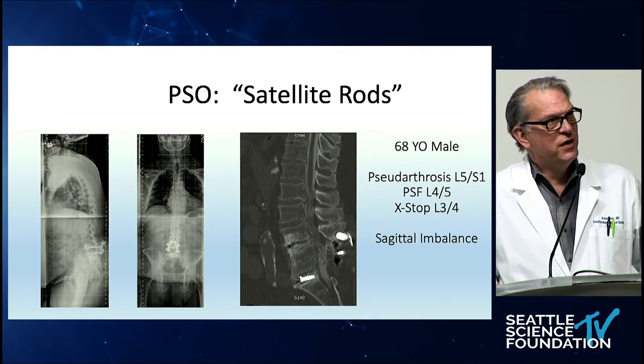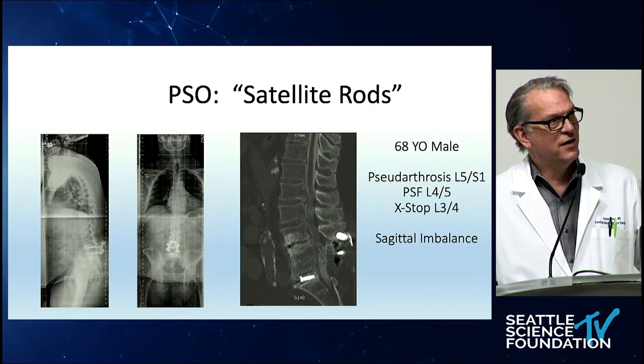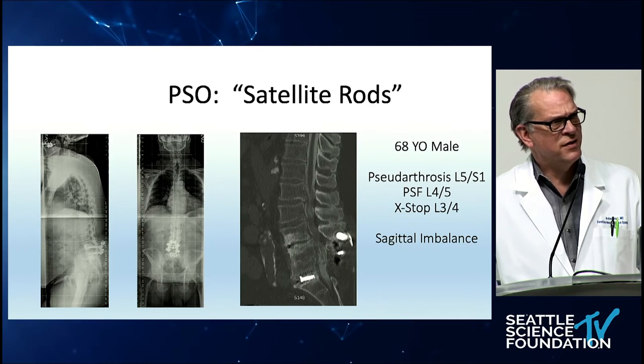Another version is what we call satellite rods. The 2 words that I use are satellite rod and outrigger rods. Satellite rods mean that the ancillary rods are not connected to the primary construct.